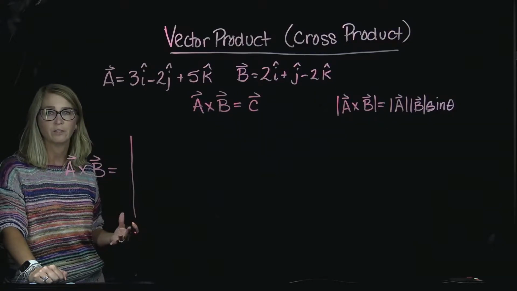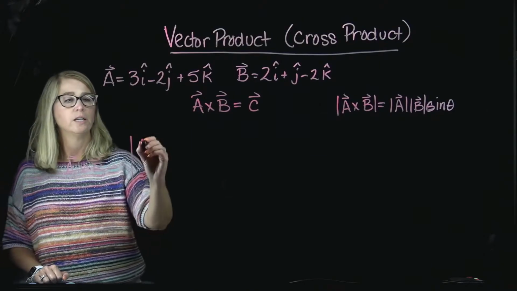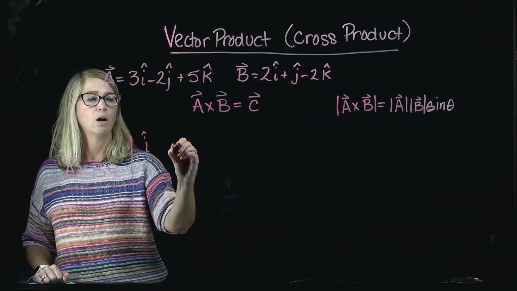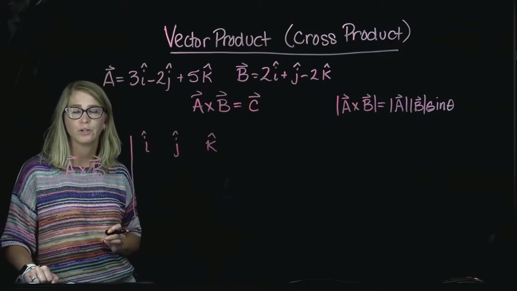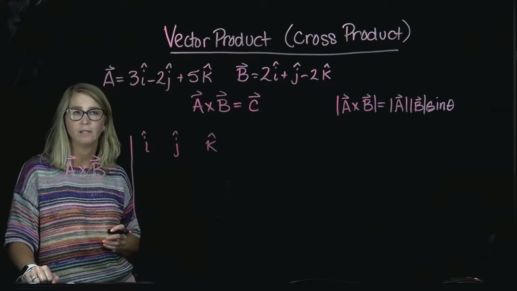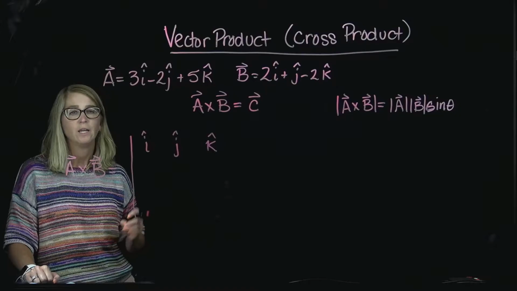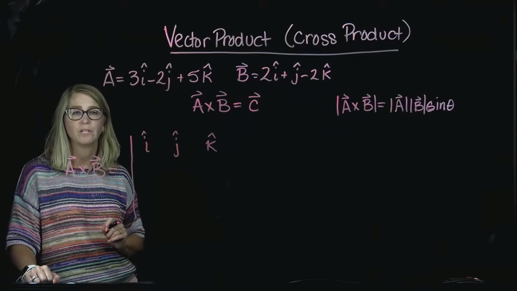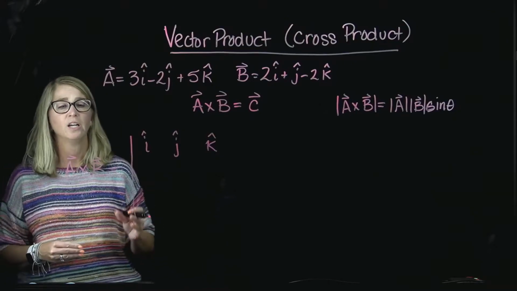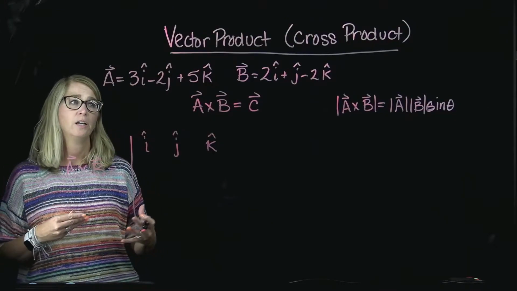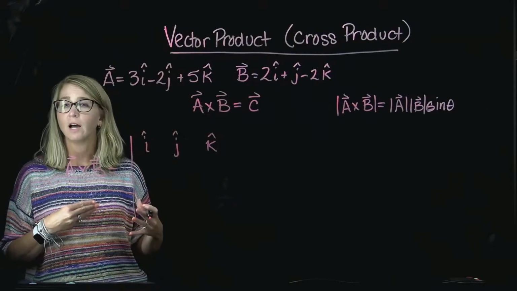The way that we make this matrix, which again is a 3 by 3 matrix, is the first row is the unit vectors i, j, and k, which remember point in the x, y, and z direction. Then the next row is the first vector, which for us is vector A. That's really important because, as you found or read about in the chapter, the cross product is not commutative.